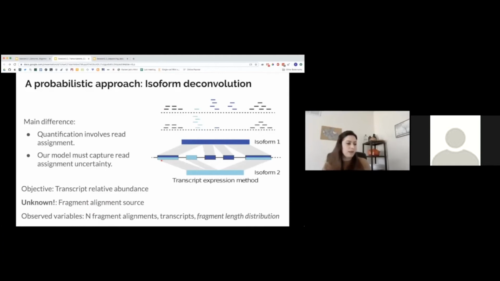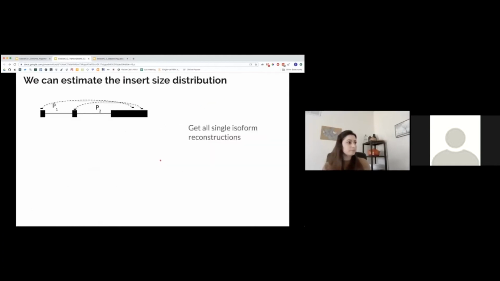So let's go back to the fragment length distribution idea. If you remember, we just went through paired end sequencing and that you have read 1 and read 2 for each sample. So here I'm showing you two pairs of reads. You have read 1 and read 2, and here for pair 2, you have read 1 and read 2.